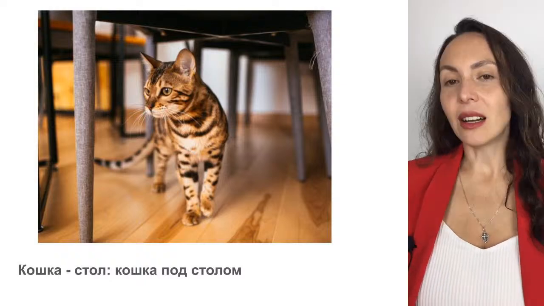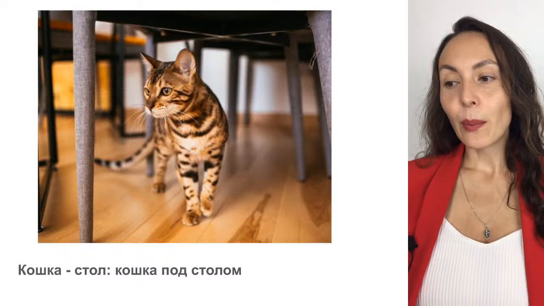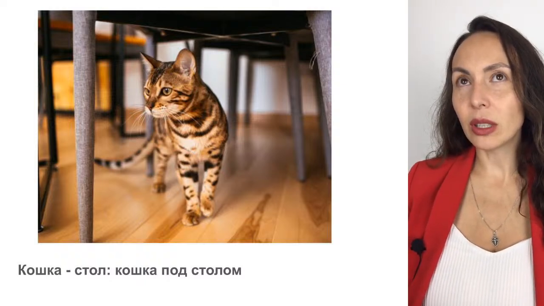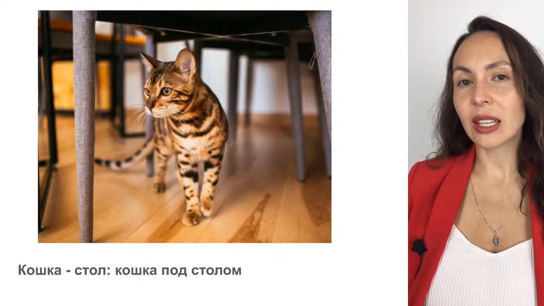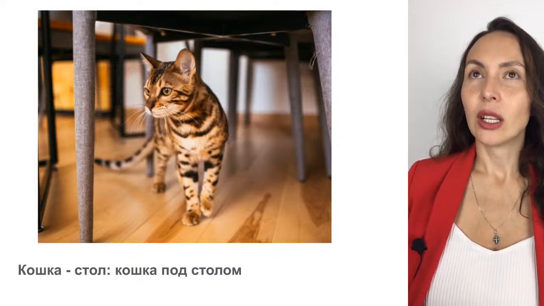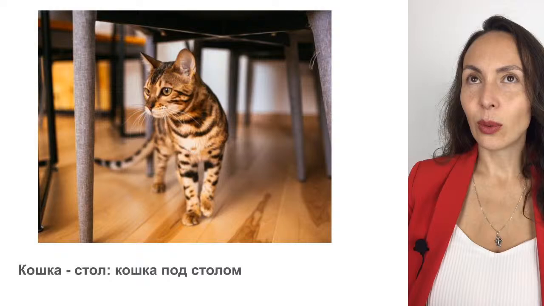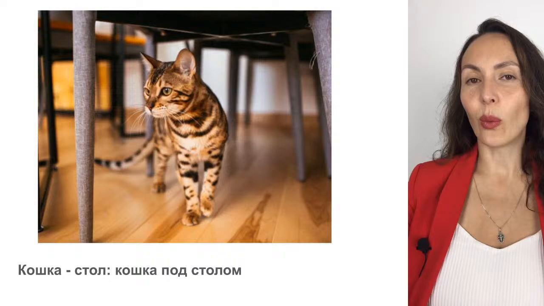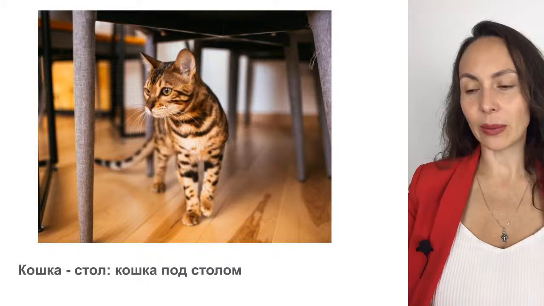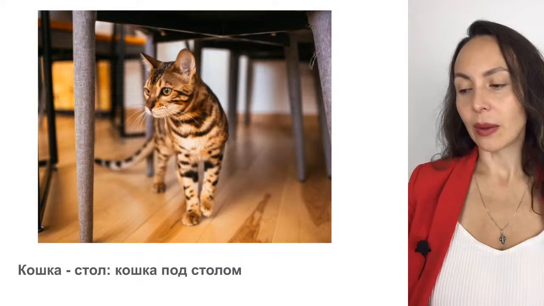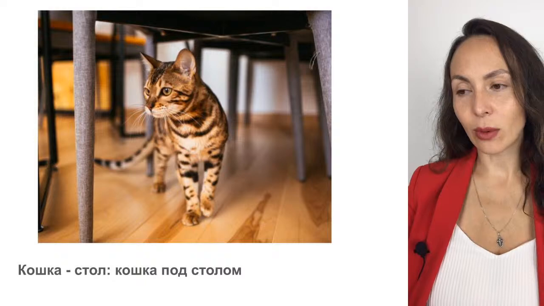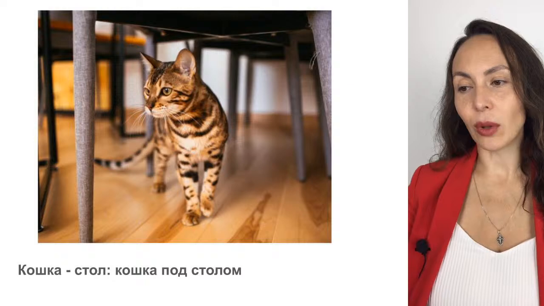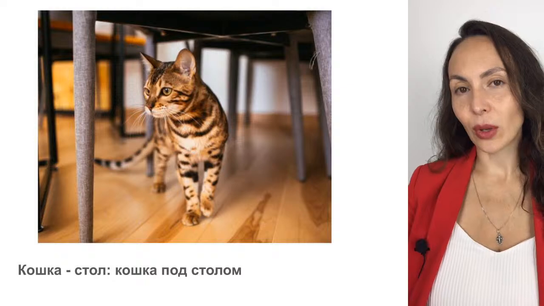Where is this cat? This cat is under the table. Под столом. It's also location, but we're not using locative. Locative we use only for surfaces and when we're inside of something. Here is another type of locating object. Where's the cat? The cat is under the table. Под столом.